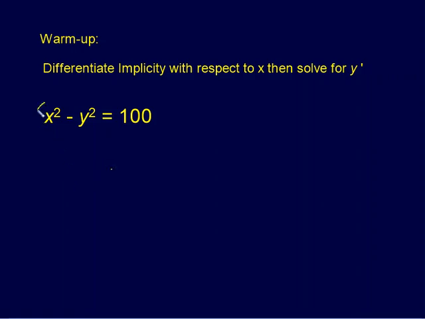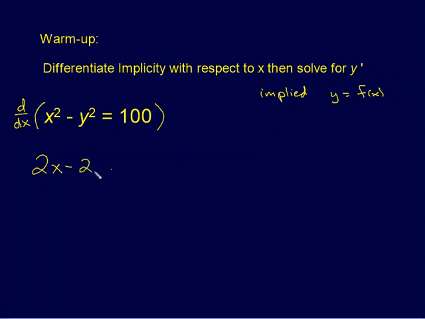Now remember, you're differentiating with respect to x. So the idea here is that it is implied that y stands for a function of x. That way, when I get to the second part, the derivative of y squared, you're really thinking of it as a function squared, and you're going to have to use the chain rule.